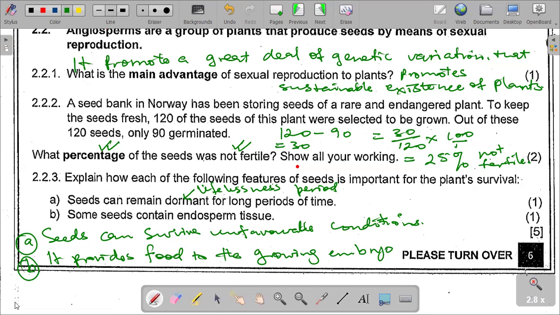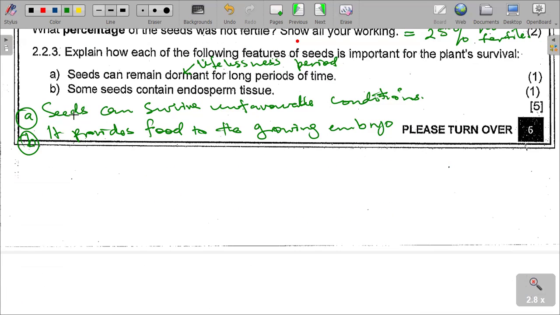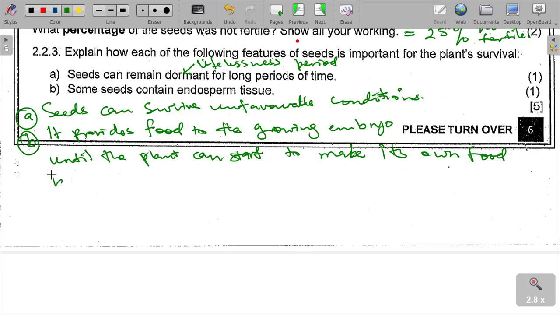That is a good advantage. B, some seeds contain endosperm tissue.